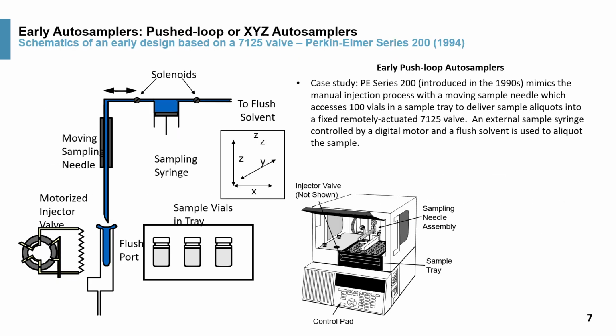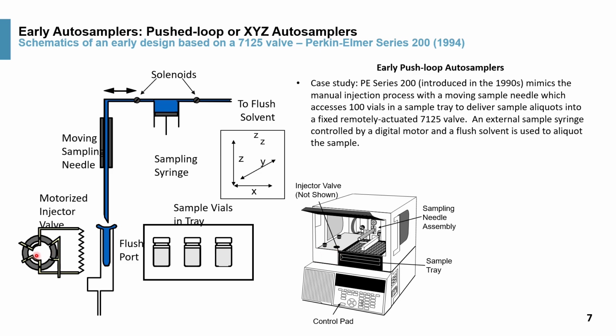Okay, here I want to describe also, historically, the first type of autosampler, which basically mimics the manual injection process. It's called the XYZ autosampler, right? Exemplified by this early design, based exactly on the 7125 valve, positioned here inside the autosampler.